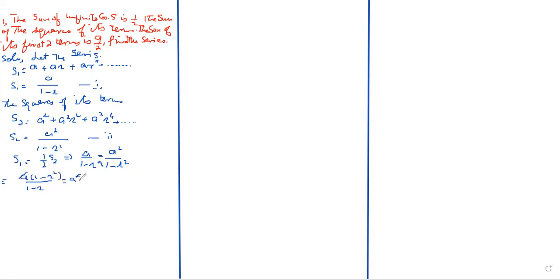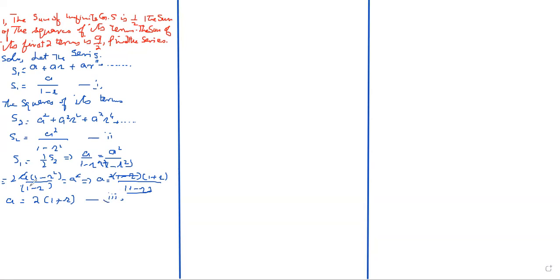Cancel A with A, so A equals 1 minus R square, which is 1 minus R times 1 plus R, divided by 2 over 1 minus R. So 1 minus R gets cancelled, and 2 and 2. So A equals 2 times 1 plus R. This is number 3.